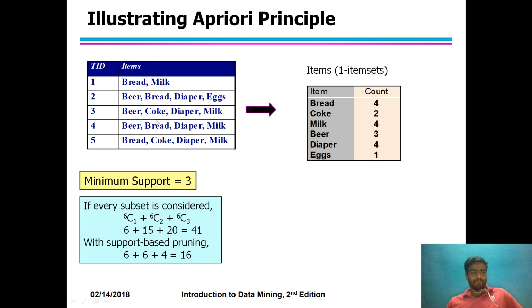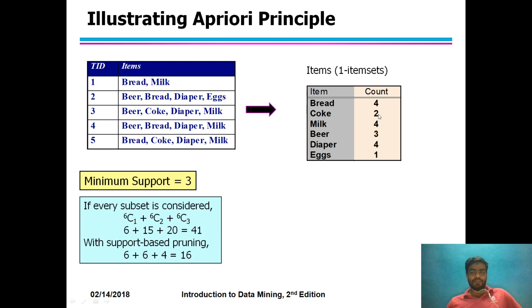Beer is 3. Diaper is in 1, 2, 3 and 4, and eggs is only once, in transaction ID 2. So now bread is 4, Coke is 2, milk is 4, beer is 3, diaper is 4, eggs is 1. So now what can I eliminate from this?